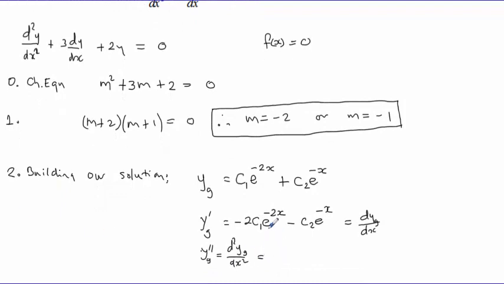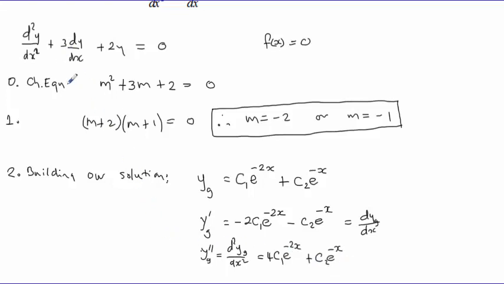And then now we're differentiating this again. We're going to get a minus 2 again, then get 4c1 e to the power minus 2x plus c2 e to the power minus x. That will be our second derivative.